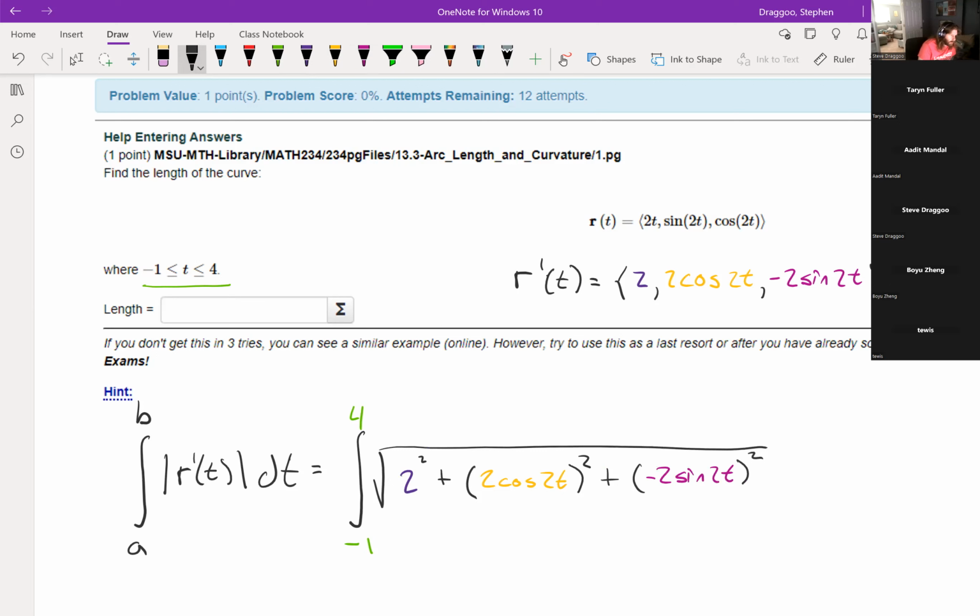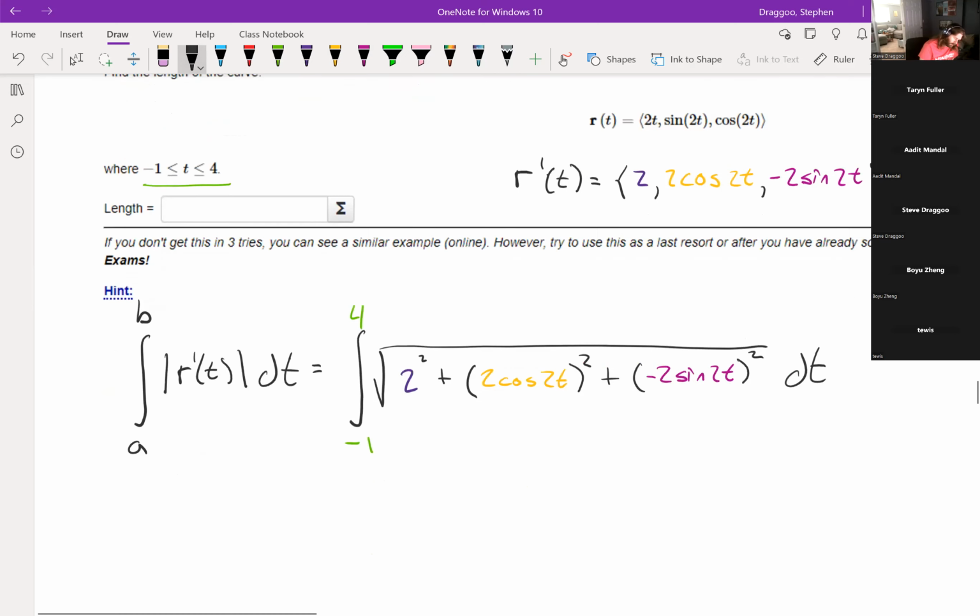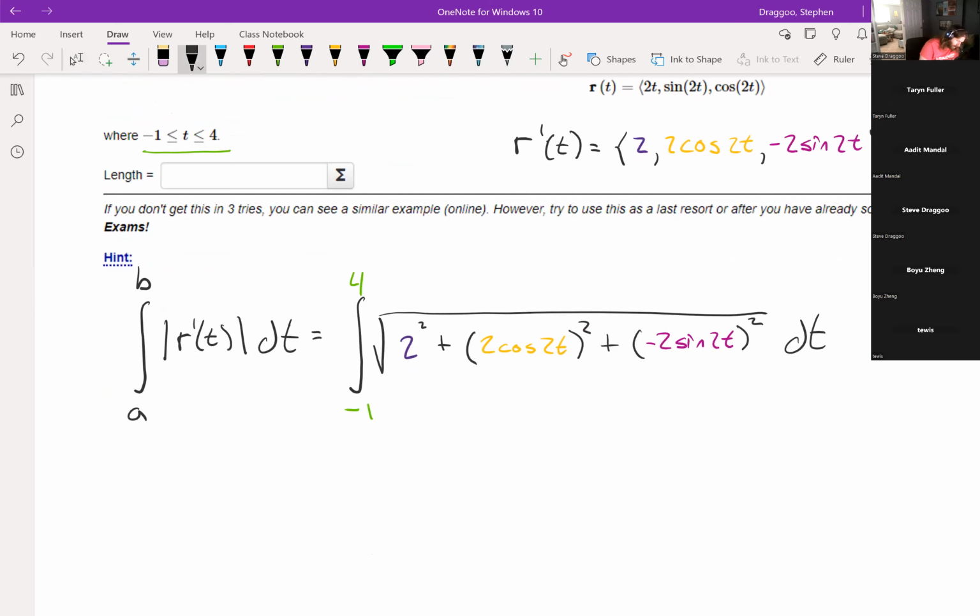All of that's underneath a square root, and then dt at the end. So let's clean up that inside. Integral from -1 to 4. I've got 4 plus 4 cosine squared of 2t plus 4 sine squared of 2t, and then dt.